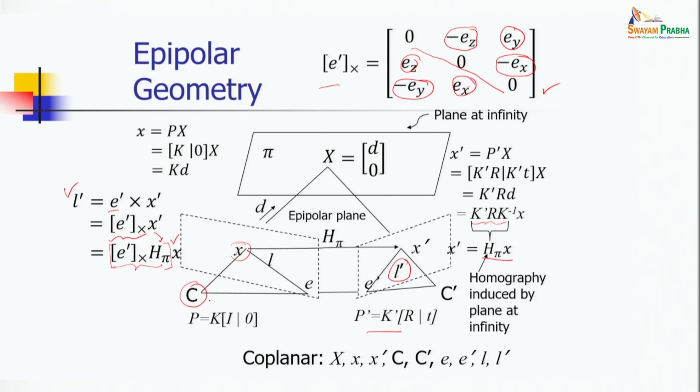So what is the center? Center is again 0, 0, 0. In homogeneous coordinates it is 0, 0, 0, 1. So what is E prime?